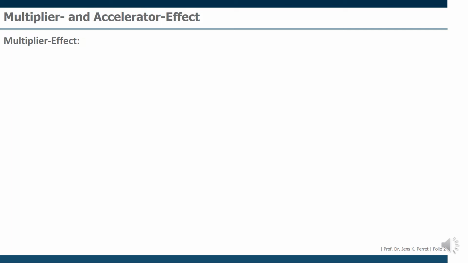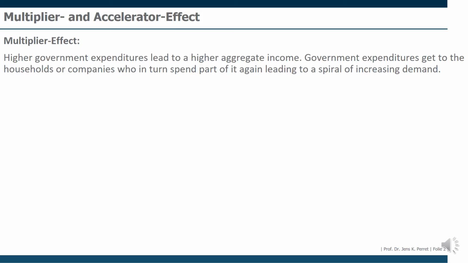So it again generates new income with other people, which again spend part of this. So there's like a cascade of the income, while even decreasing with each step, being spent again and again and again. And that's what we call the multiplier effect. We have higher aggregate income with households and or companies who in turn again spend part of this, leading to additional higher aggregate income, spending again, higher aggregate income.